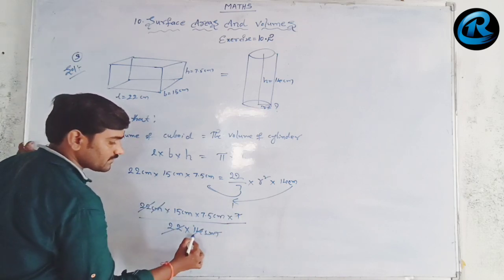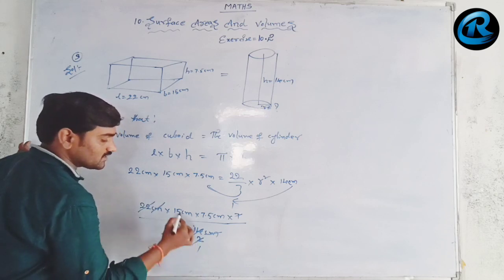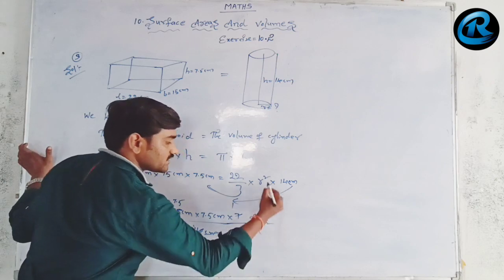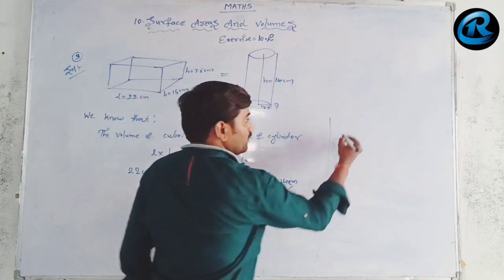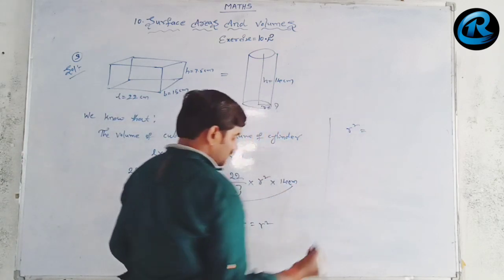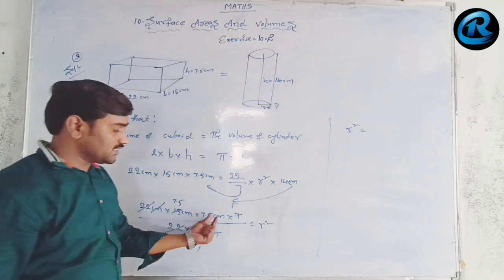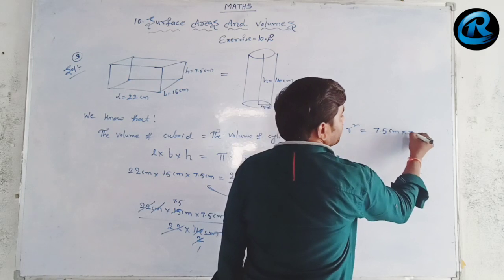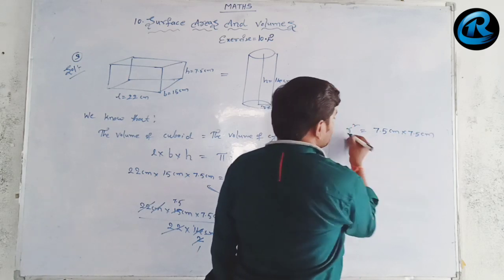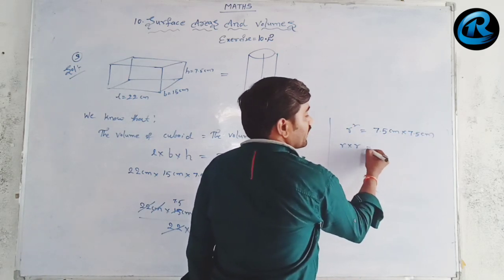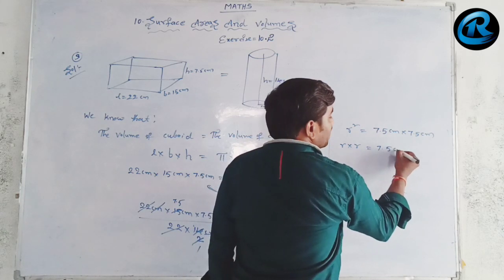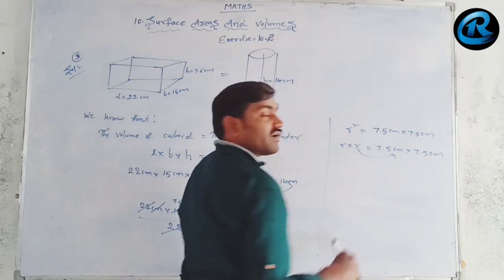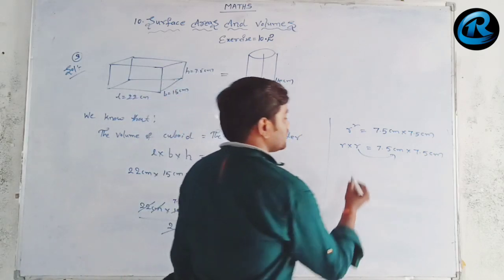Here 7 ones are 7, twos are 2, ones are 2, 7.5. So r square equals 7.5 centimeter into 7.5 centimeter, where r square we can write as r into r, that is 7.5 centimeter into 7.5 centimeter, so r will give us 7.5 centimeters.